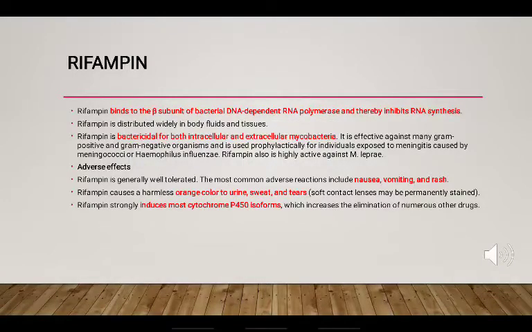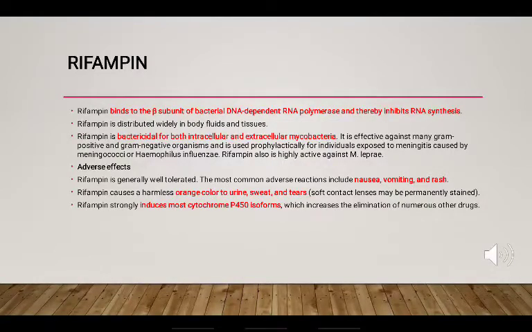The most common adverse side effects of rifampicin are nausea, vomiting, and rash. Also, another thing that I need you to remember about rifampicin is that it causes orange color. It gives orange color to urine, sweat, and tears. I mean, you tell the patient, when you put him on rifampicin, that you might have discoloration of your teeth.